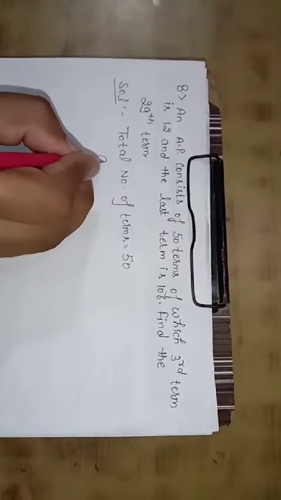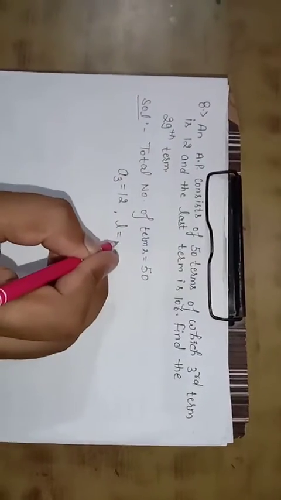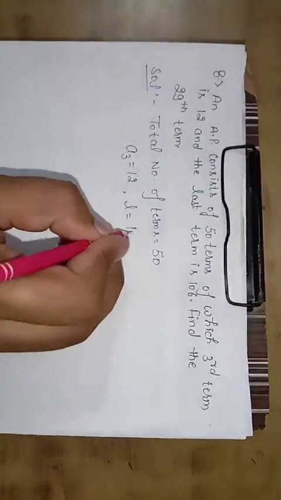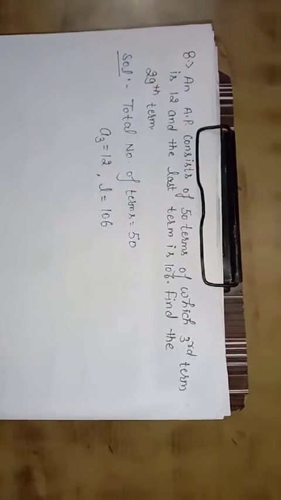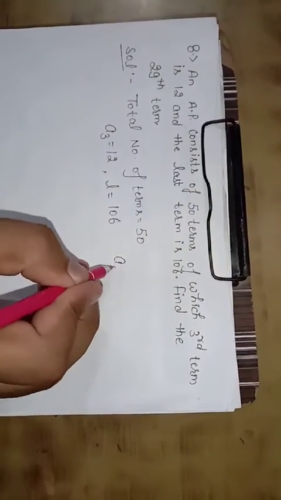The third term A3 is 12 and the last term L is 106. Find the 29th term. It means we find A29.